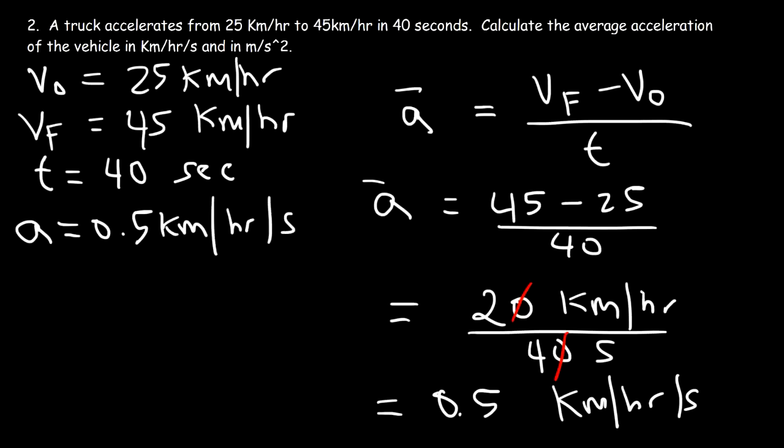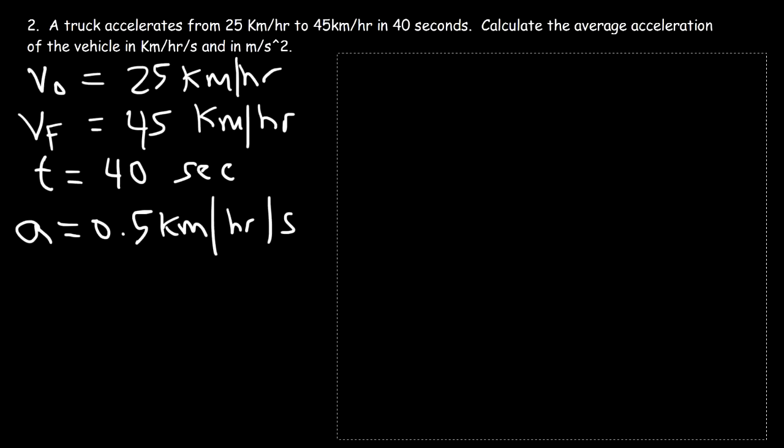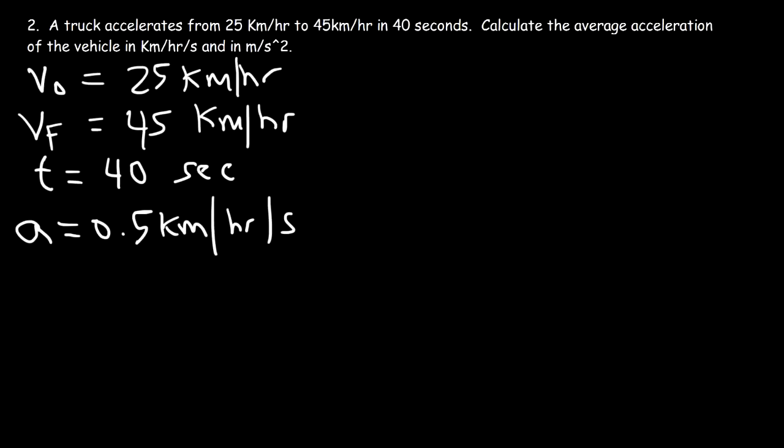Now let's focus on the second part of the problem. We need to convert this unit to meters per second squared, which is the most common unit you'll see for acceleration. So how should we write this as a fraction? 0.5 has to go on top, it's 0.5 kilometers per hour per second.